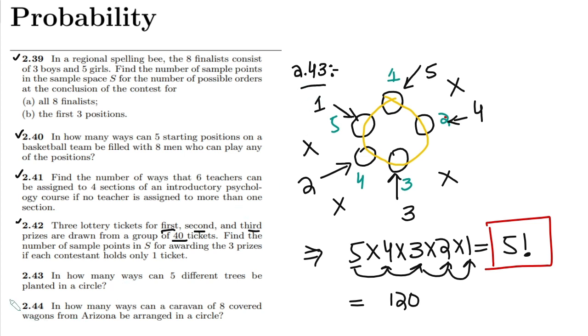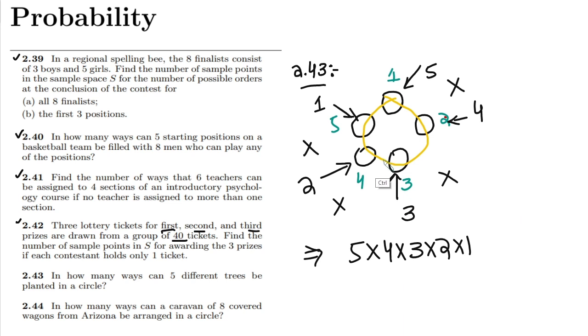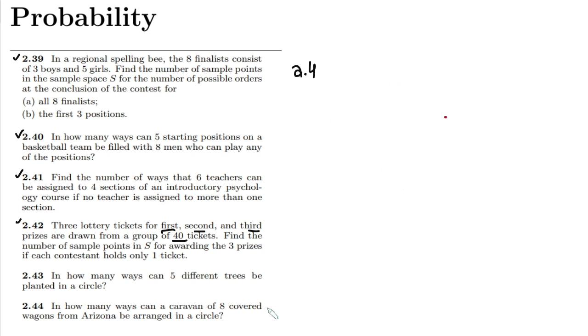Now moving towards 2.44, what is the statement here? In how many ways can a caravan of 8 covered wagons from Arizona be arranged in a circle? So again we have a circle in which we have to arrange 8 covered wagons.